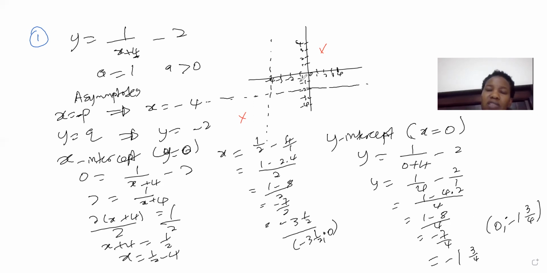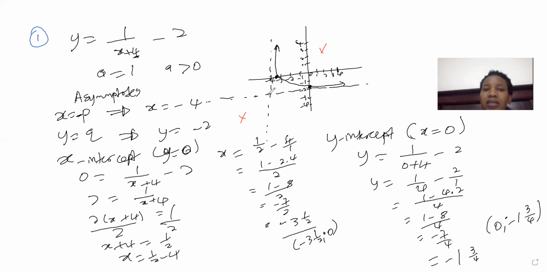So we have -3.5 and 0. So we're sitting here. Then we've got 0 and -1 and 3/4 somewhere here. So can you see our graph is gonna go like this? But it can't touch this line, which is the asymptote. That is the graph. Okay.